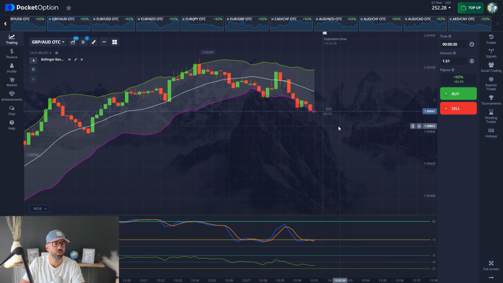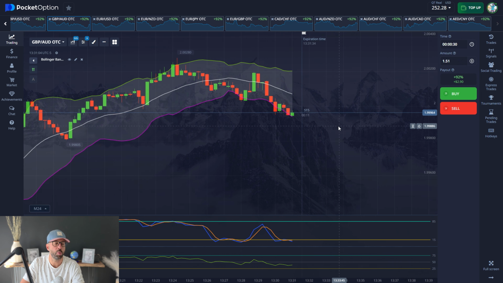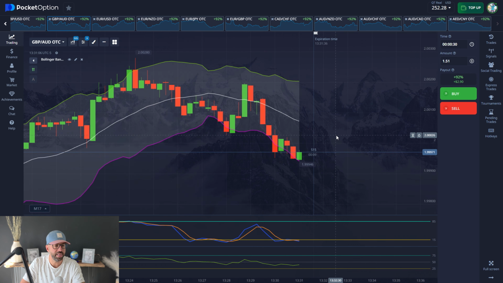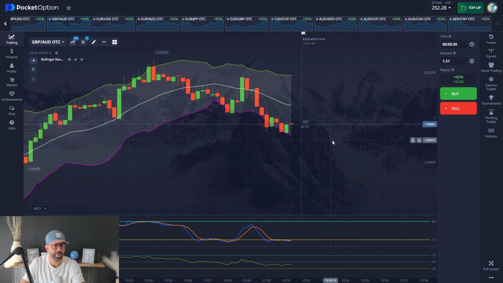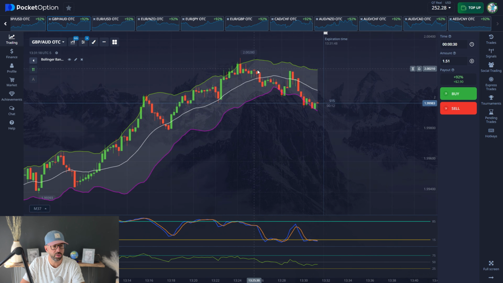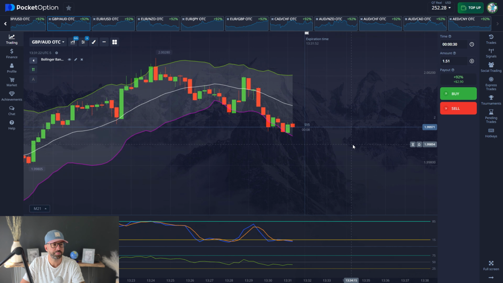So instead of trying to buy the reverse, you can also buy the momentum. What that means is now that we have a downward momentum here, we can see that we are below the stochastics and our RSI is on the way down, meaning that this could be a downward trend and we could sell this on the way down.